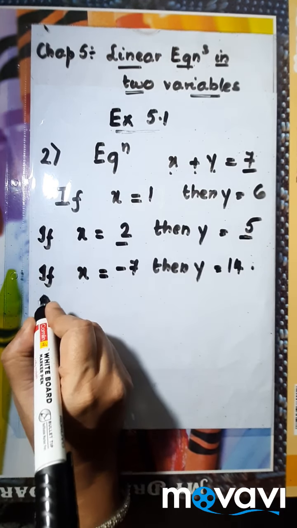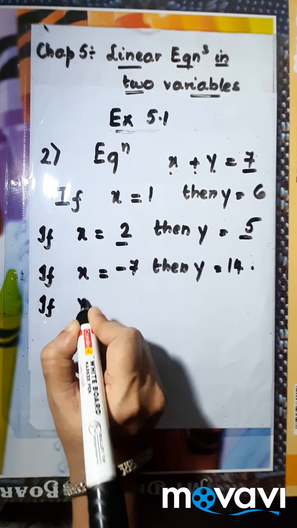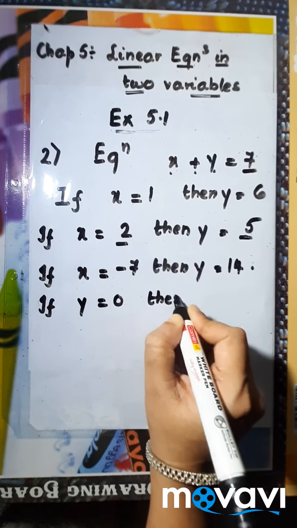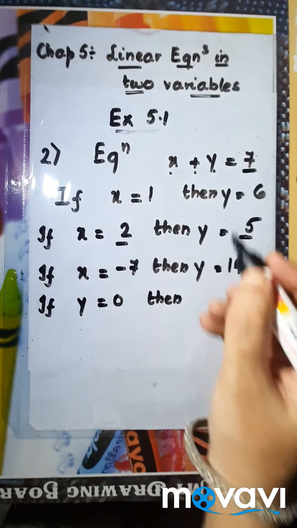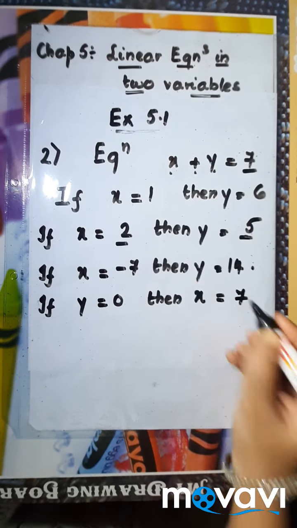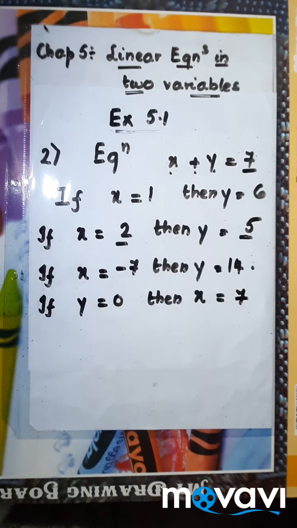Now, the next one. Suppose I take y as 0. Then tell me what x should be. Substitute and tell me. Then x is equal to 7, because 0 plus 7 gives me 7.